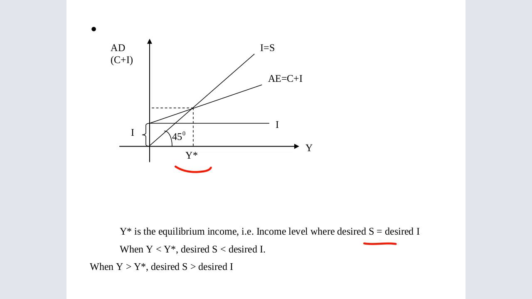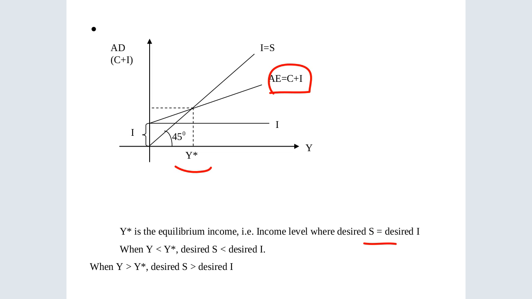If Y is less than Y star, then the desired savings are less than investment. At any income below Y star, you can see the IS curve is below the aggregate expenditure curve, which means the desired savings are less than the desired investment.